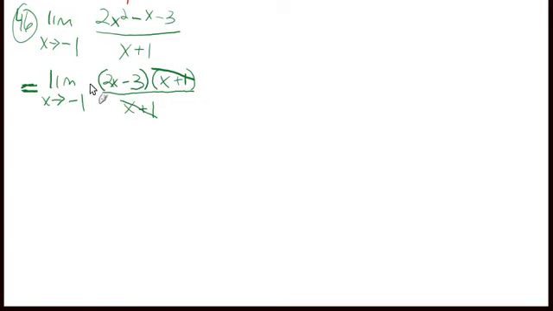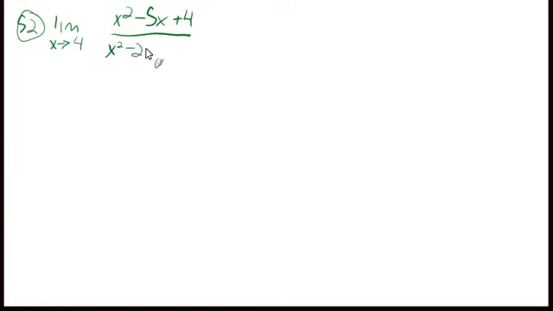But the limits are the same. The limit as x approaches -1: now we're going to try and directly substitute. This is gone, this is gone, this is just a 1, this is just a 1, so this is all that's left. Put in a -1, 2 times -1 is -2, minus 3, -5. There's the limit.